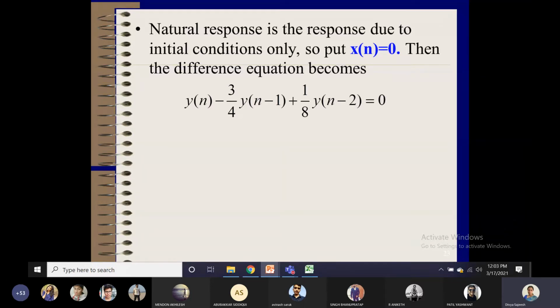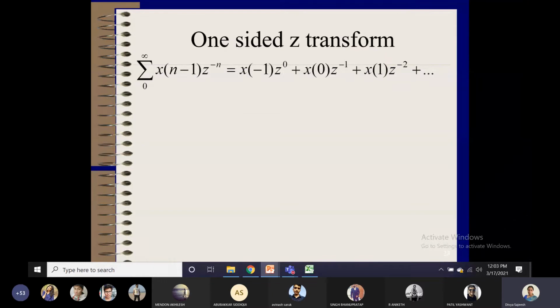Now let us go back to that one-sided Z transform. How to expand the one-sided Z transform? The definition for one-sided is, instead of from minus infinity to infinity, it is 0 to infinity. Let us take a shifted signal, x of n minus 1 z raised to minus n. We have defined the general equation earlier while we explained the Z transform.